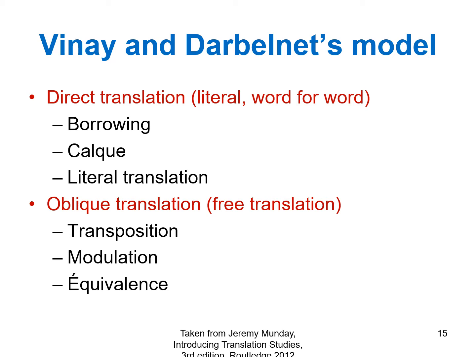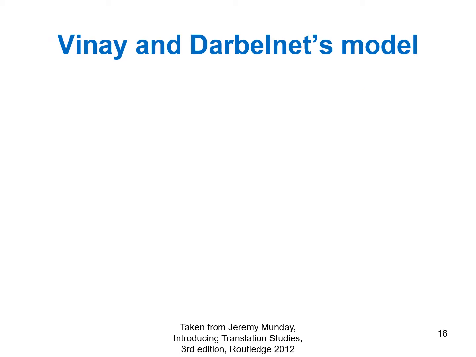We'll see what it involves in a second. And finally, adaptation. So as you can see, within direct translation we have borrowing, calque, and literal translation as procedures within that strategy. And then if those don't work, we would choose the oblique translation strategy, and typical of this strategy, we would see the translator implementing the following procedures: transposition, modulation, équivalence, and adaptation.